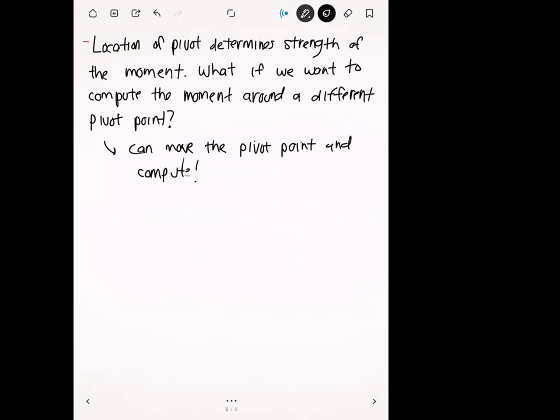Let's say that we have a point O right here, and let's say that we have another point P right here. Let's say that we draw a vector between O and P just like that.